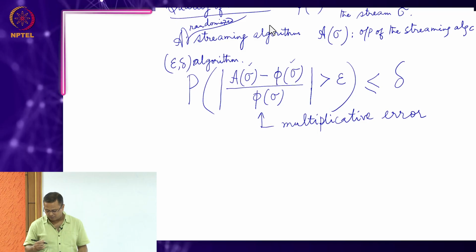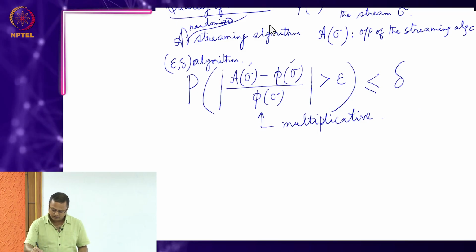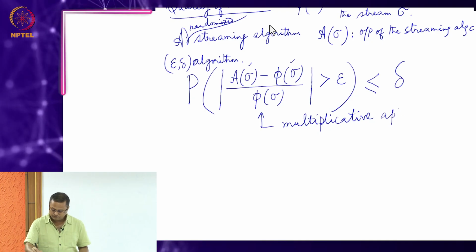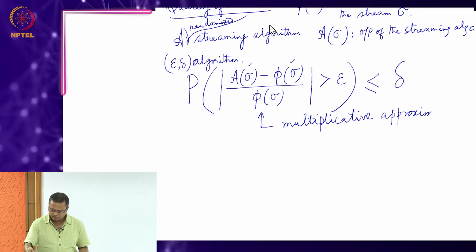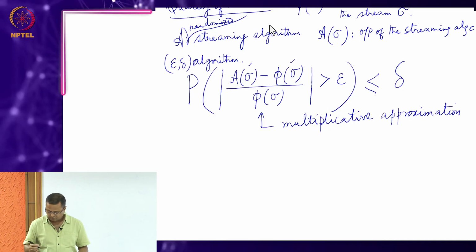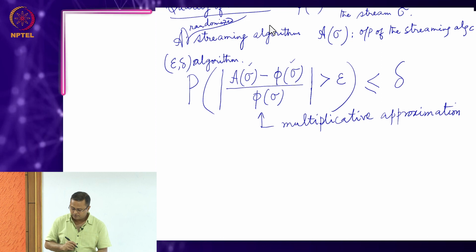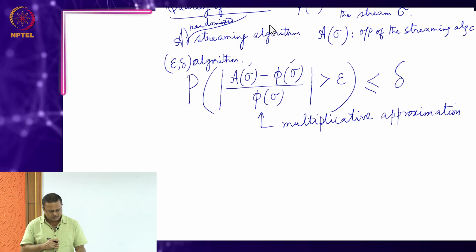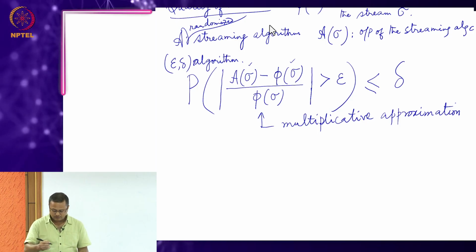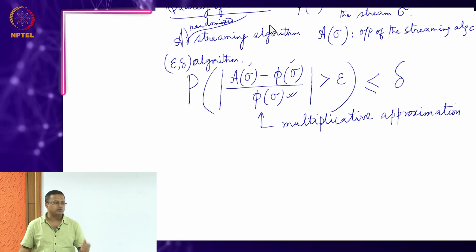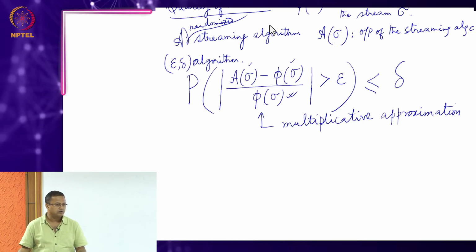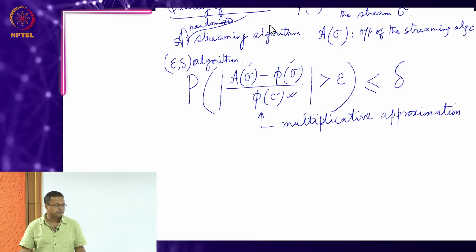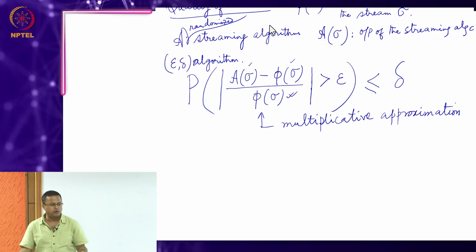Or I should not say multiplicative error. So, this is known as a multiplicative epsilon delta algorithm. Now, there are situations where this is very close to 0, then this definition is too strong a definition, right, because this thing will now go up too much.